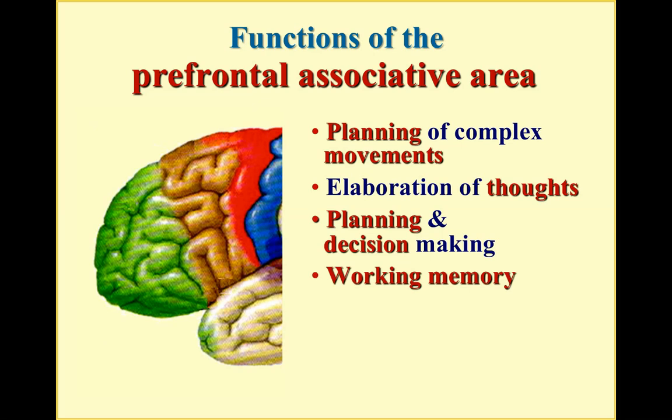Working memory is a subtype of the short-term memory, when we keep in memory something just necessary for a certain stage of consideration, stage of calculation, stage of work, but only temporarily. So it's a short time but specific type of short-term memory. Also, it's voluntarily kept in mind by the prefrontal associative area.